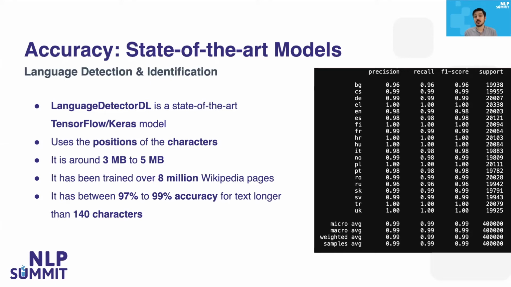This makes the final model as small as 3 megabytes to 5 megabytes, depending on how many languages they can detect at the same time. The models were trained over 8 million Wikipedia pages, and they can achieve accuracy between 97% all the way to 99%. 97% for 32 languages, 99% for 22 languages, as we can see in the slide.